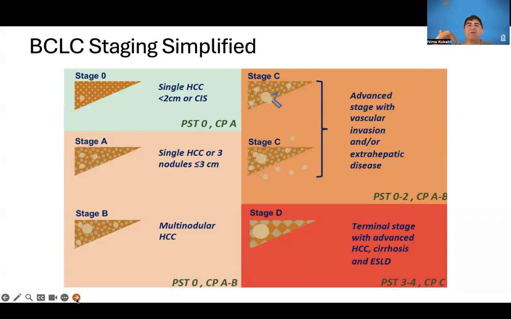This is just a simplified approach to how BCLC staging works. Again, the uniqueness of it is that it takes into account the underlying liver disease as well as the tumor burden.